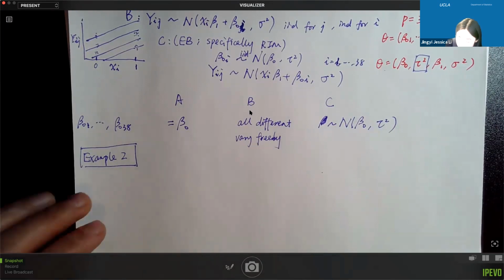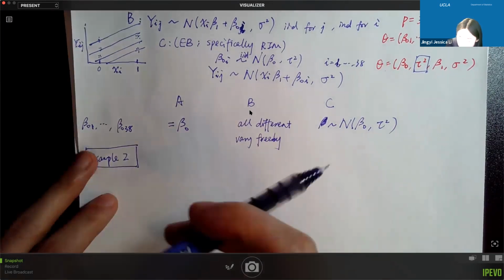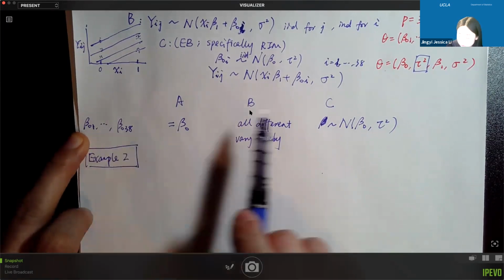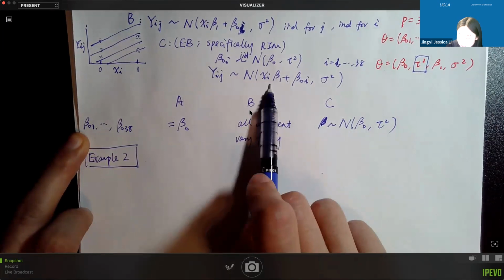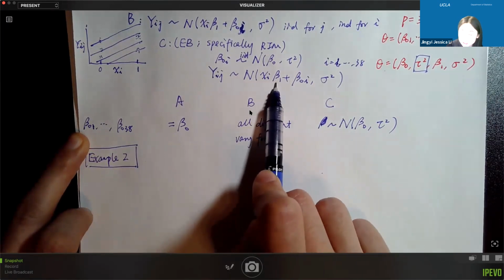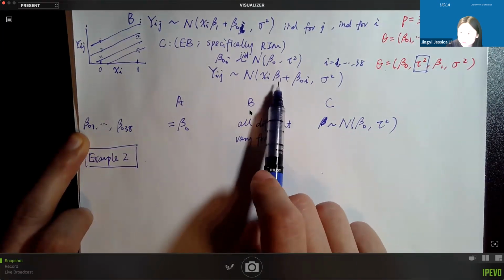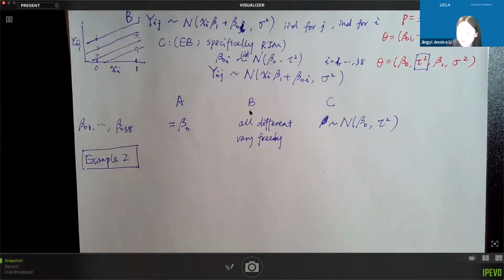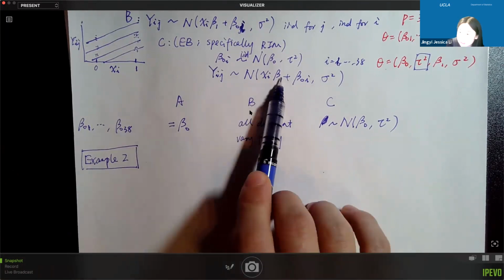And sorry, I forgot to say that the reason we are not so interested in those 38 intercepts in our approach C is because we want to focus more on this beta 1, that is the effect of school district, and that's the question we are interested in. So, aside from the parameter of interest, the fewer other parameters we have, the more efficiently we can estimate this beta 1.